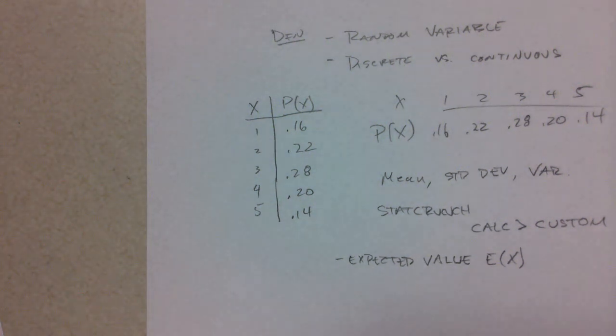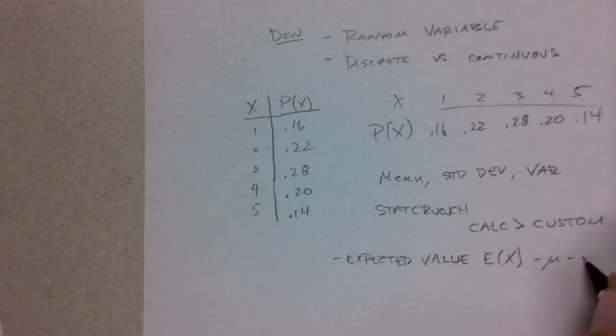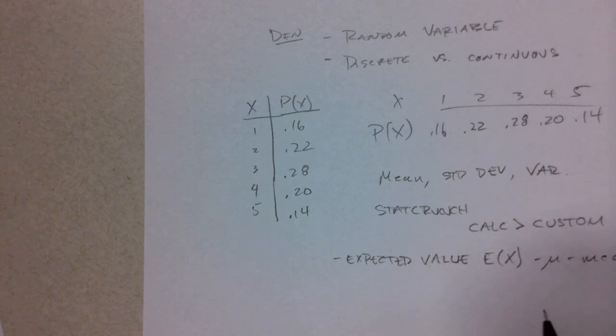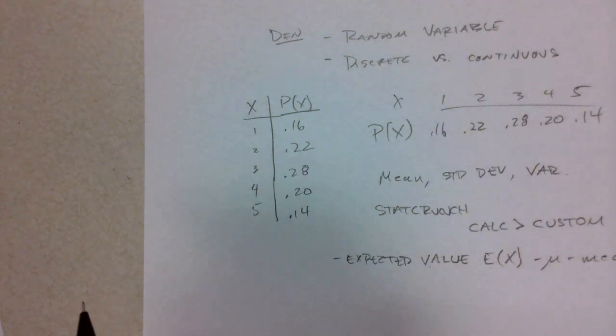If you did it over and over and over again, what would you expect the value to be? And it's actually the mean of the random variable.